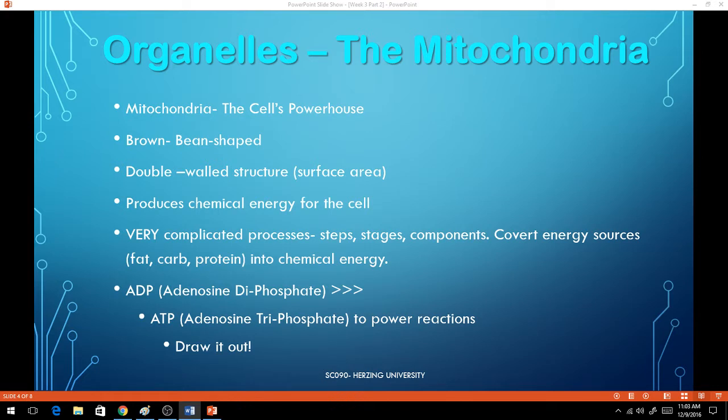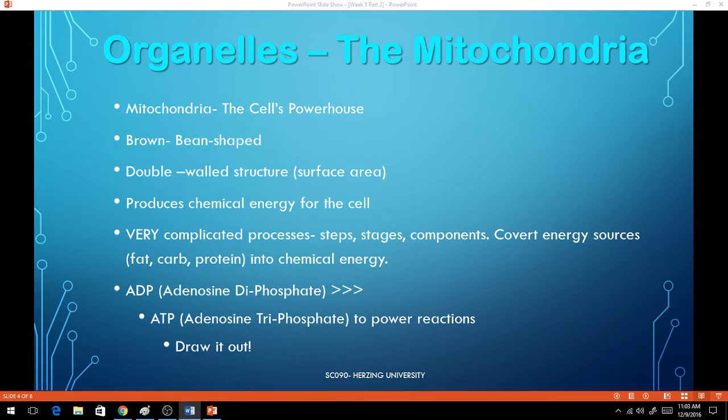We'll boil it down to this. The mitochondria takes a low energy molecule called ADP, adenosine diphosphate, and charges it up with energy to become the reactive molecule known as ATP, adenosine triphosphate.